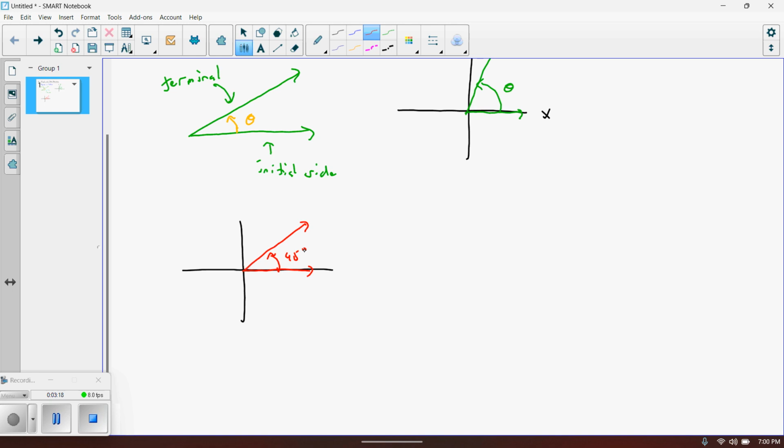Okay, pretty straightforward. One of the main things is that angles can be measured positively and negatively.